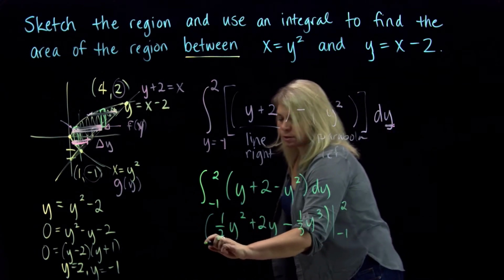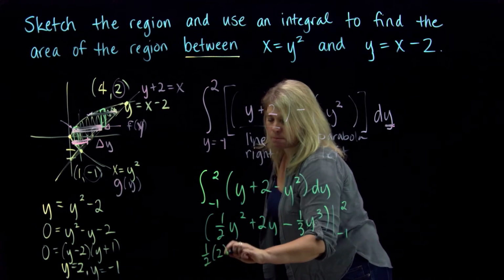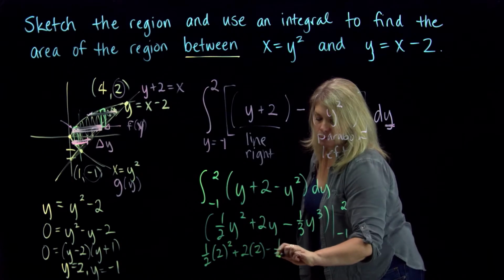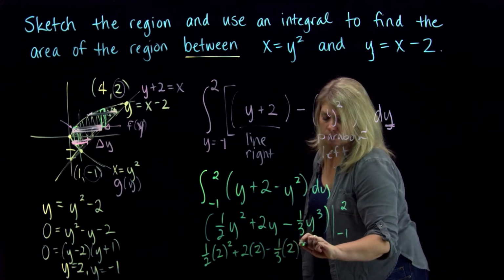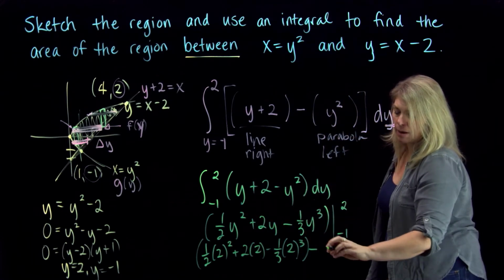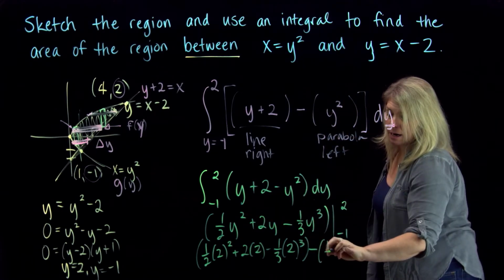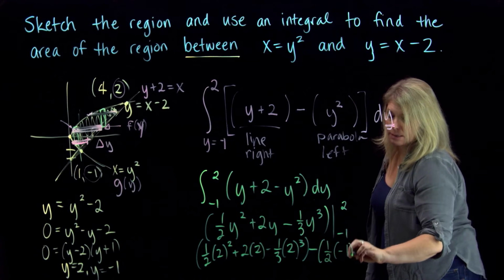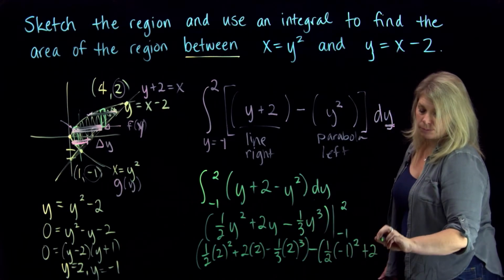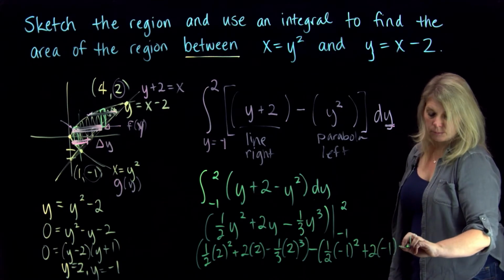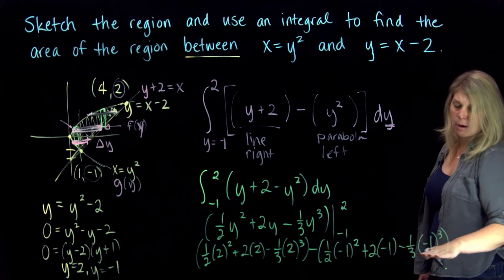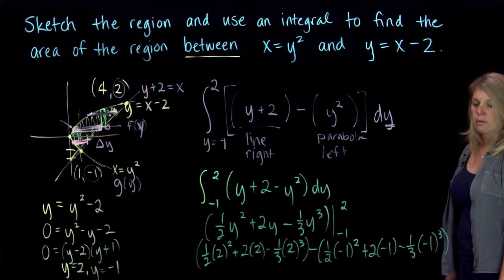Putting in 2 first. So all of that minus my whole function evaluated at -1. Again, be careful with the parentheses and the negatives and the subtraction. So there I have my whole function evaluated at y equals -1.